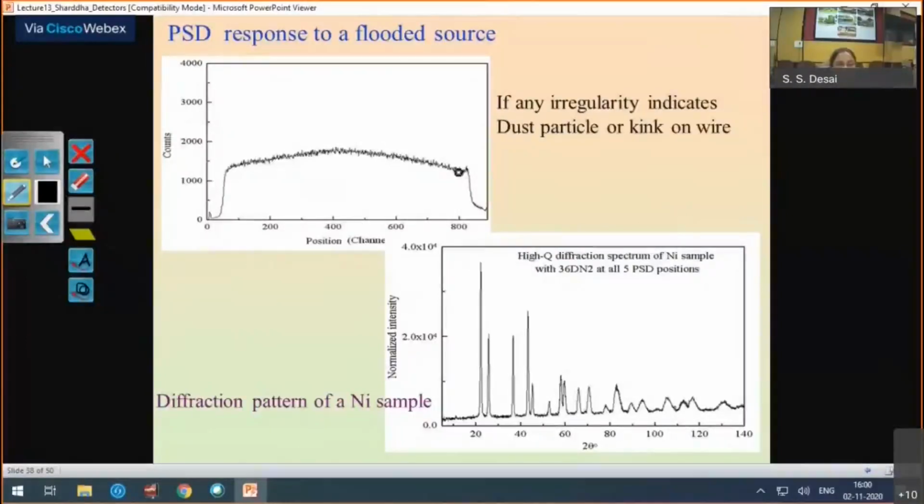If you flood the source on the PSDs, it should show a uniform response, and any irregularity seen on this flood pattern will indicate either a dust particle or a kink on the wire. So this PSD also should pass a simple test of uniformity from the flooded source. This is how your output spectrum will be compiled from all 5 PSDs, shown as a single data set from 2 degrees to 140 degrees.